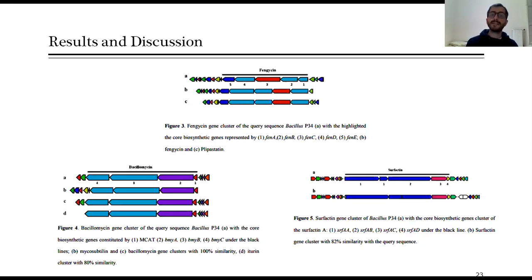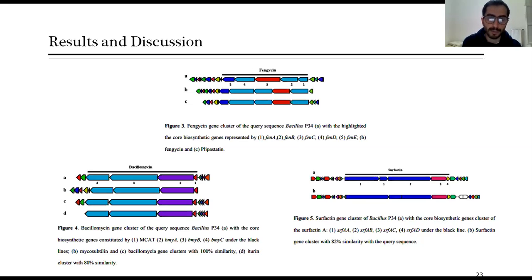The underlined genes represent the core genes for the translation of the enzymes that work together for the synthesis of these three main family components.